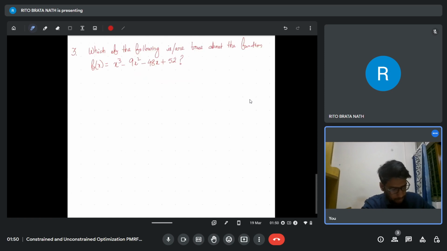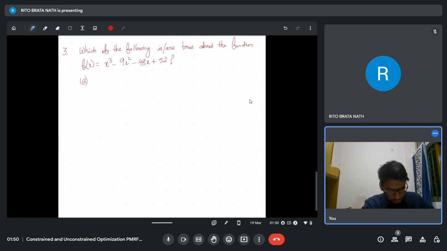The options are: option A, x equals 8 is a local maxima. Option B, x equals minus 2 is a local maxima.